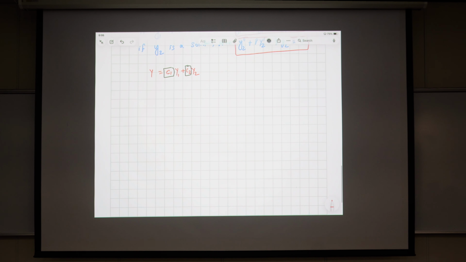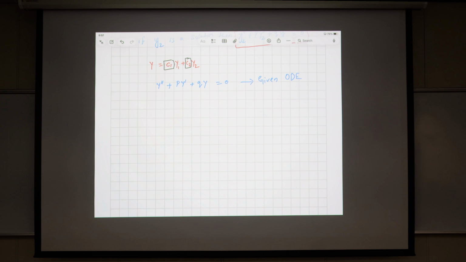What is my ODE? My given ODE is y double dash plus p y dash plus q y is equal to 0. And my solution is C1 y1 plus C2 y2.